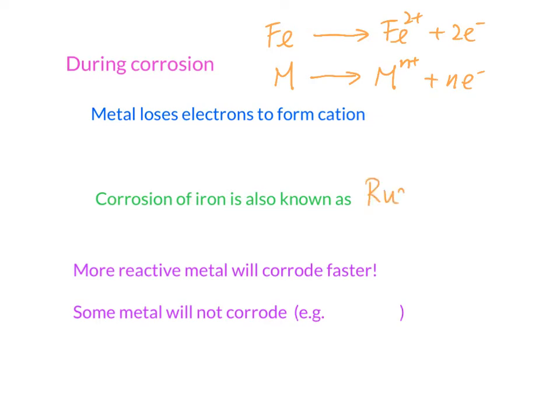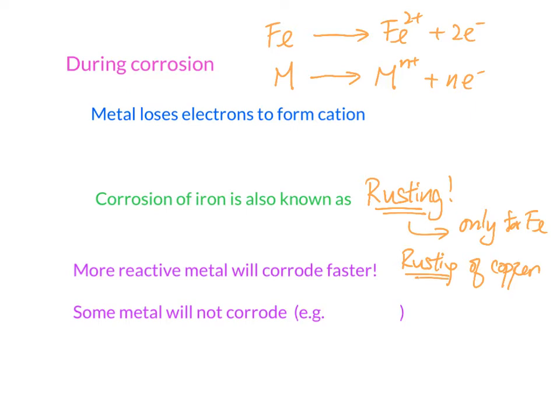We call that rusting. Remember, the term rusting is used exclusively for Fe. You can't say rusting of copper. Of course not, because rusting is only for iron. If you want to talk about copper, you have to say corrosion of copper, not rusting of copper.